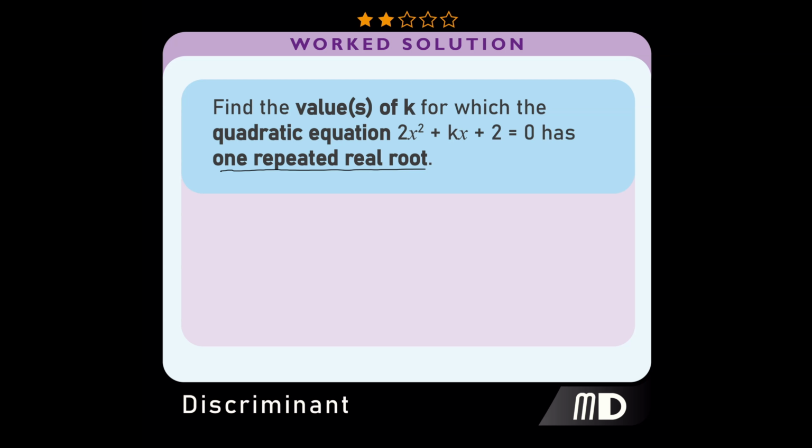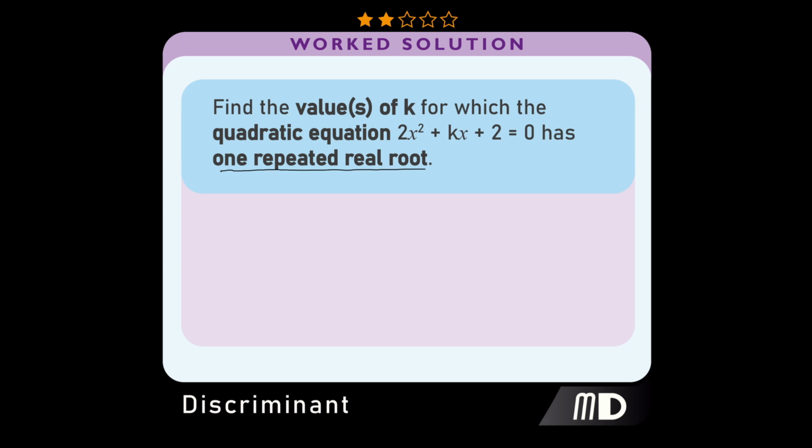The discriminant is a specific value calculated from the coefficients of a quadratic equation that provides crucial information about the nature of its roots. For a quadratic equation in the standard form ax squared plus bx plus c equal to 0, the discriminant is given by b squared minus 4ac.